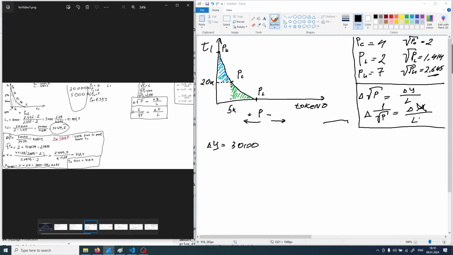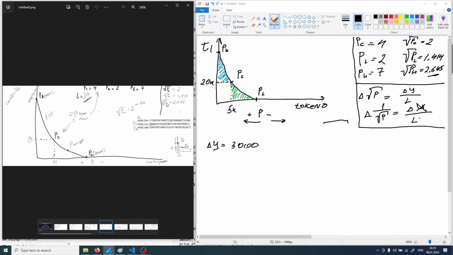But here we must find delta x. Delta x will be token 0 out. So we must, no, we must use these formulas again.